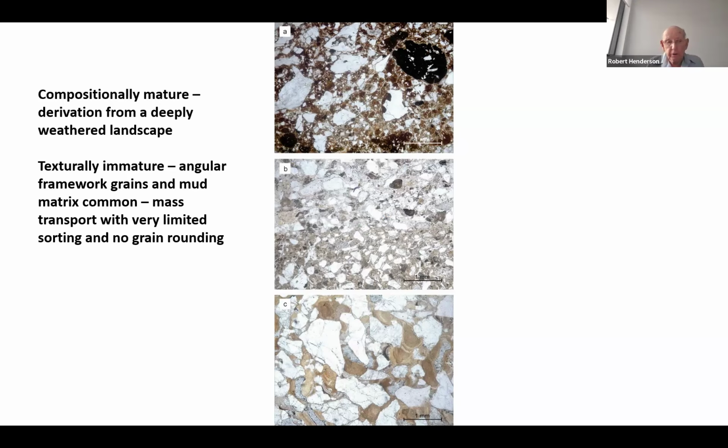We know it's compositionally mature because all the white stuff you can see here is quartz. There are some ferricrete aggregates as well, like this grain here. So texturally very immature, angular grains, and a mud matrix is actually common.